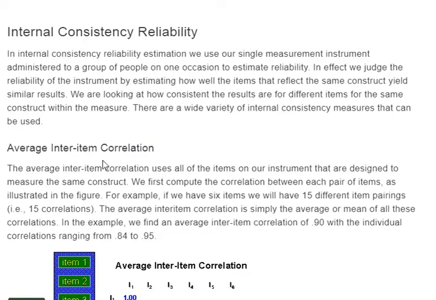Average inter-item correlation. The average inter-item correlation uses all of the items on our instrument that are designed to measure the same construct. We first compute the correlation between each pair of items as illustrated in the figure.